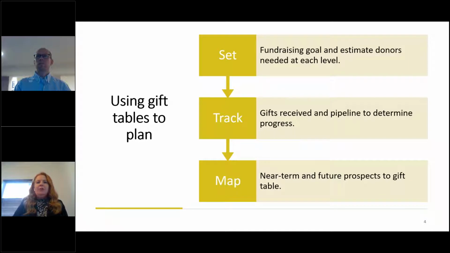Should you be looking at a top-heavy gift table where you're going to see more 6- and 7-figure gifts, versus a balanced gift table where you're going to see more gifts come in at the mid-level, or are you going to move forward with a fundraising effort that's going to focus on broad-based support? So a gift table has an opportunity to help you think about what that planning can look like.